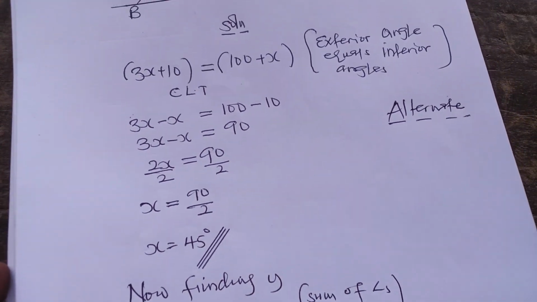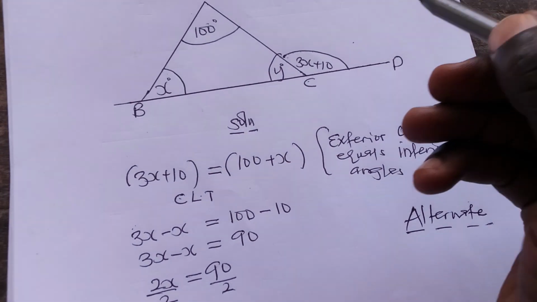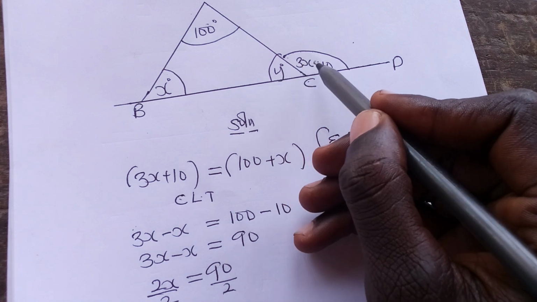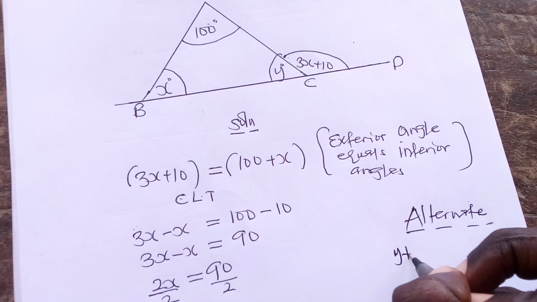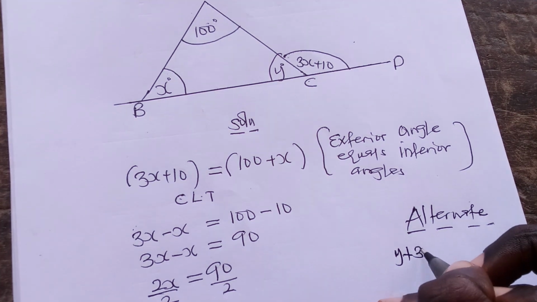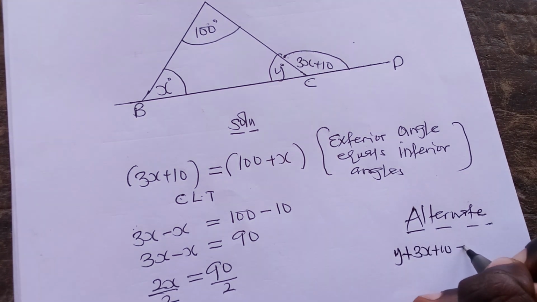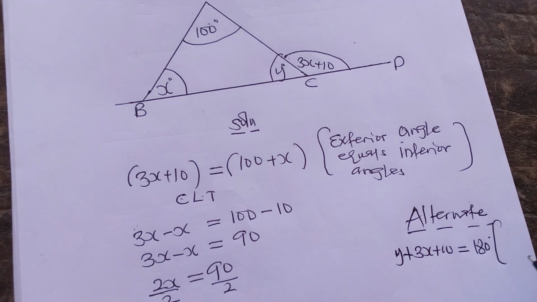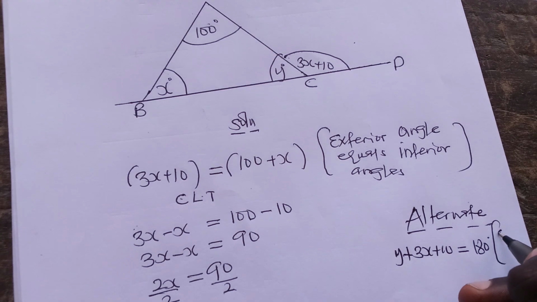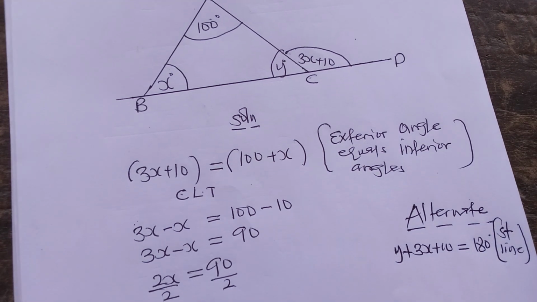Now let's look at the diagram again and see. We say y plus 3x plus 10, then everything becomes 180 degrees. It's very simple. This also has a reason: angles on a straight line. Angles on a straight line equal 180 degrees.